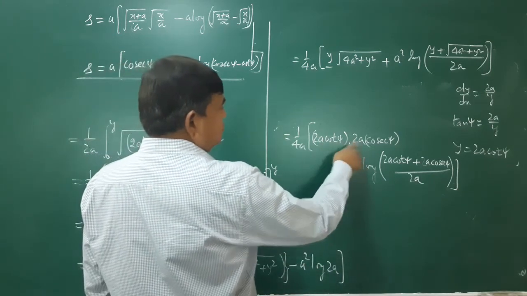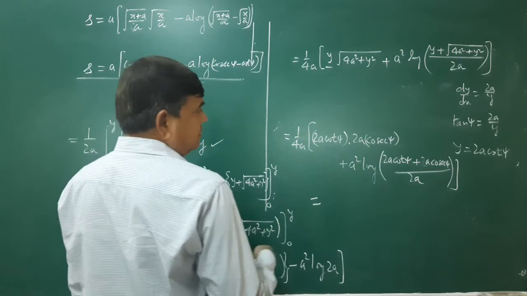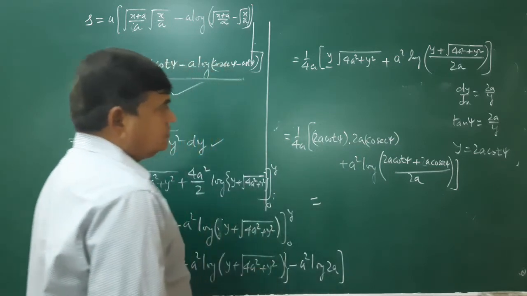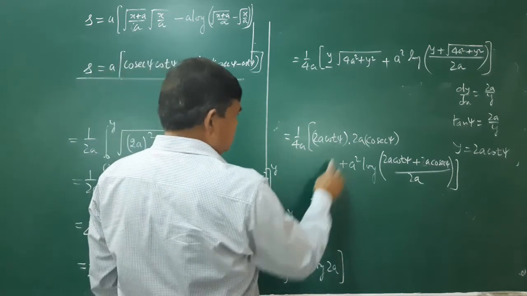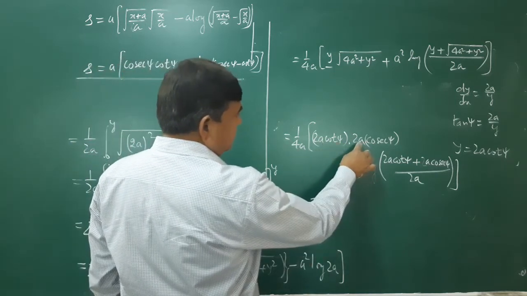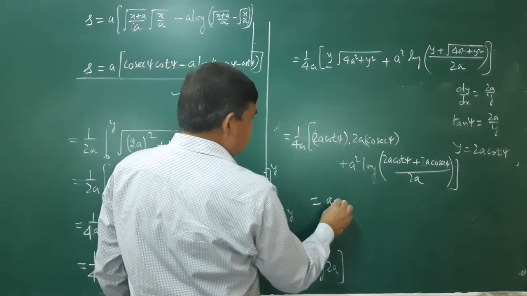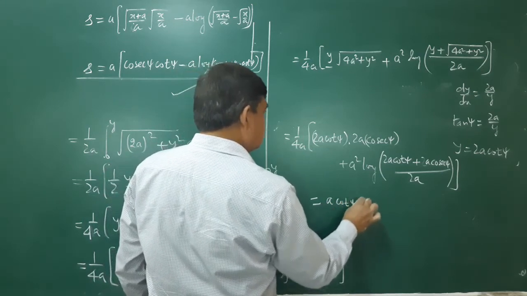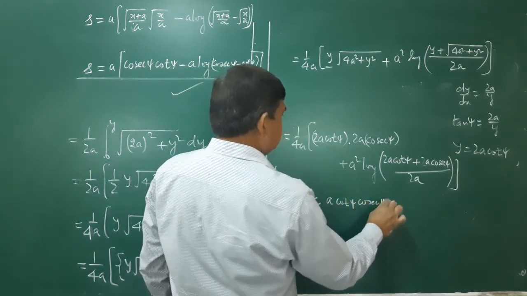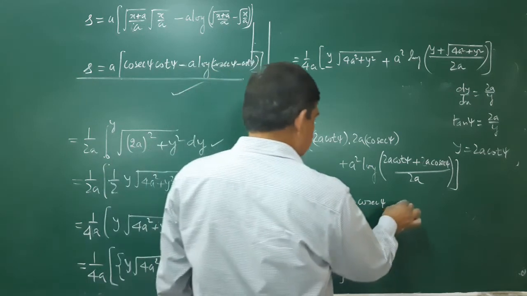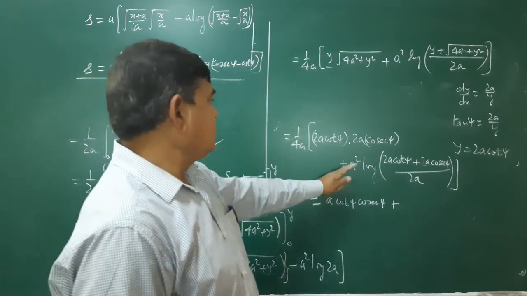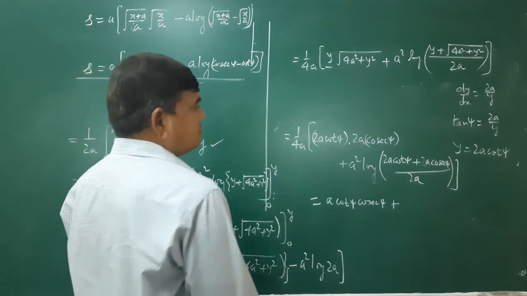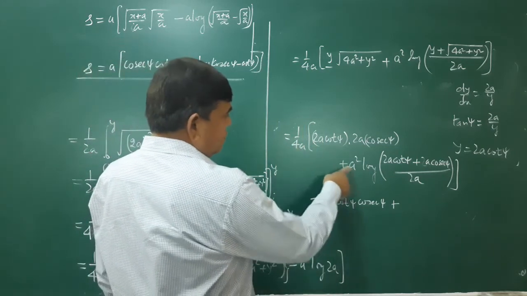This is 2 into 2, 4, 4a square, and let us simplify this. So it is 4a square, so a is left, a cot psi into cosec psi plus this is a square, and here it is 4a.